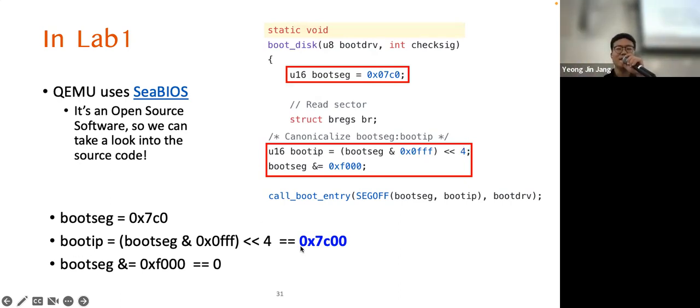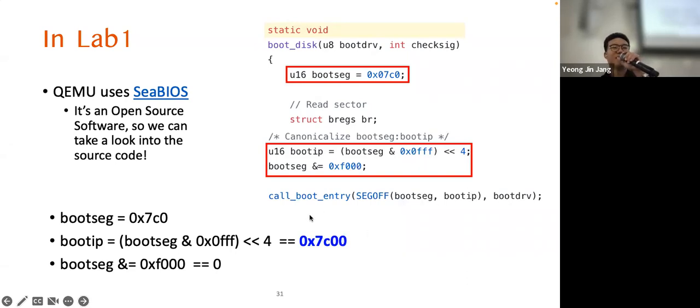So the boot IP will be 7C00. And because the boot segment is 7C0 and it ends with F000, there's no 4th digit, 0000, so it results in 0. So it will completely ignore the boot segment, but it will boot with the boot IP, which is the address 7C00.